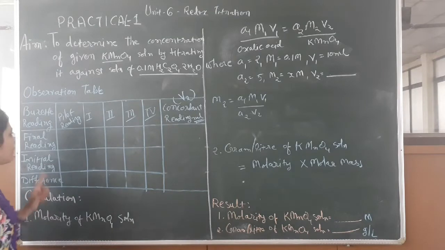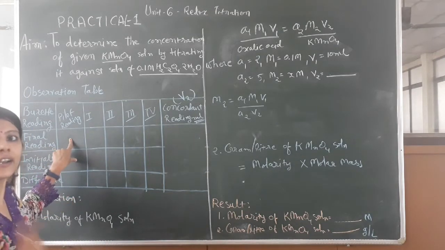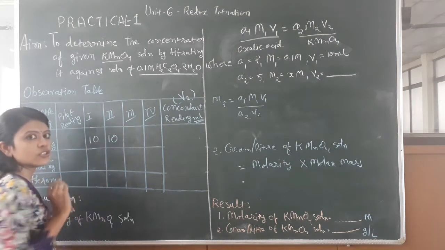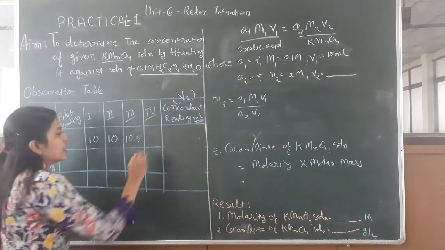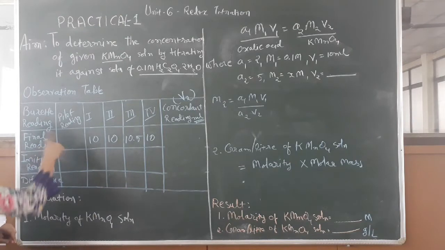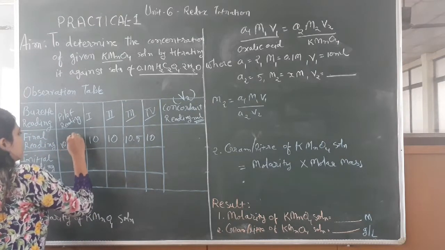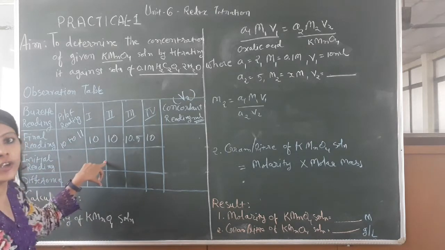In the previous video we already collected the readings. First reading is 10, second also 10, third reading is 10.5, then fourth reading is again 10. So our pilot reading is between 10 to 11.